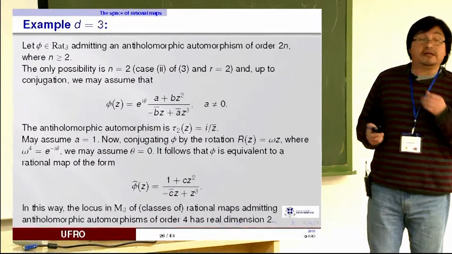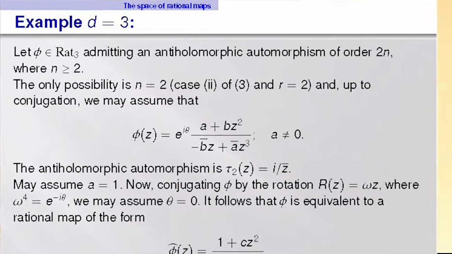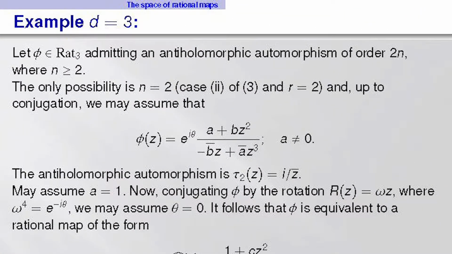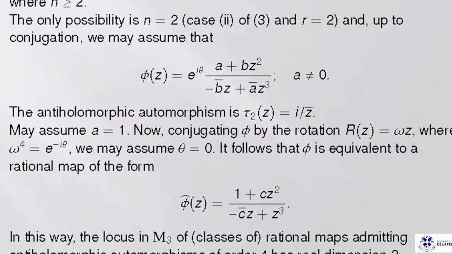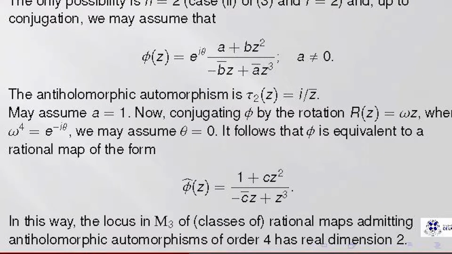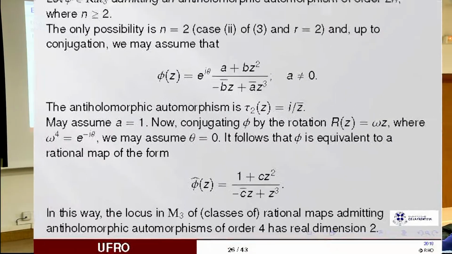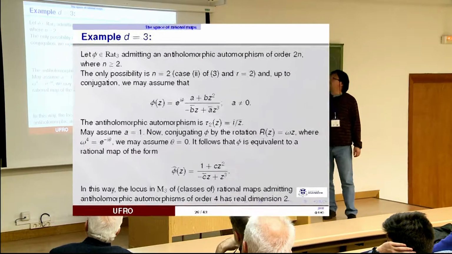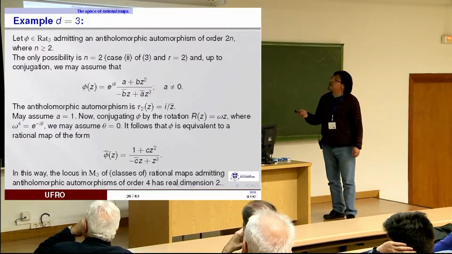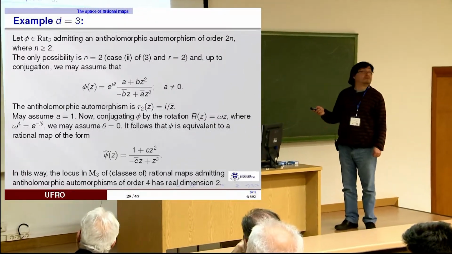So, for example, in degree 3, the previous results say that if you look at which anti-holomorphic automorphisms may appear, it can only happen with order 4. And these rational maps must be of this form.